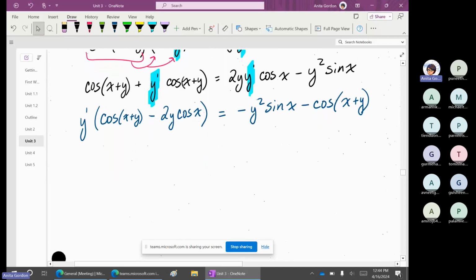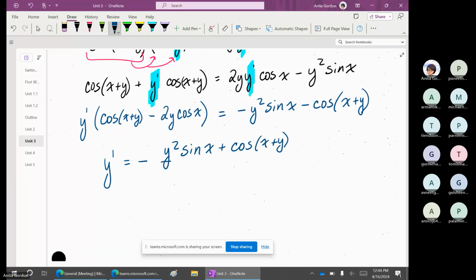And my final step is to divide by whatever's next to the y prime. And I guess I can factor out a negative: y prime equals negative, y squared sine x plus cos(x+y), divided by cos(x+y) minus 2y cos x. I don't think I can simplify that anymore. None of those are trig identities. So we're done.